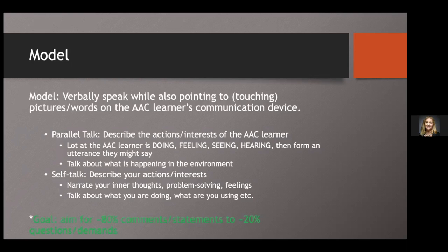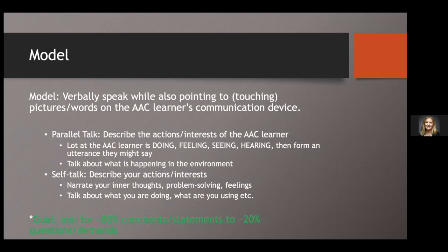The worst part I've seen is when you present the device and say, point to the dog, or point to go, or point to what do you call this one, point to the pretzels. It becomes like a discrete trial method. That's not going to teach communication.